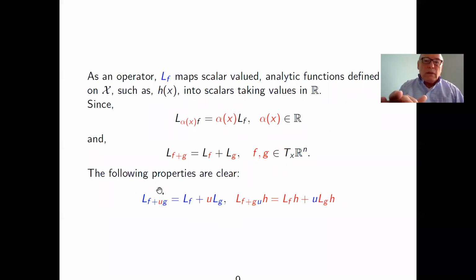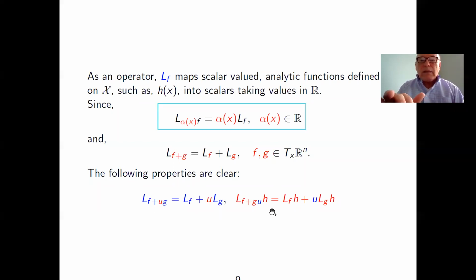Therefore, we have this expression, and so whenever we want to find out how a scalar function is varying along the solutions of the nonlinear system, that operation is easily done by means of this.